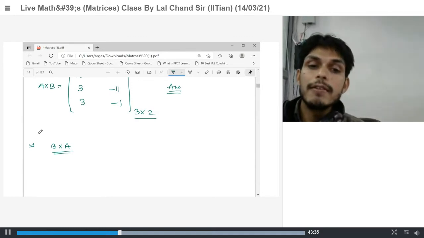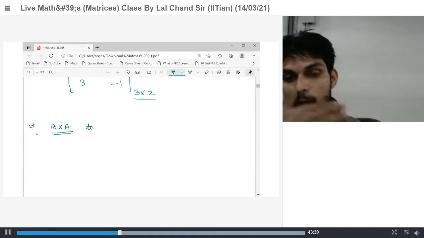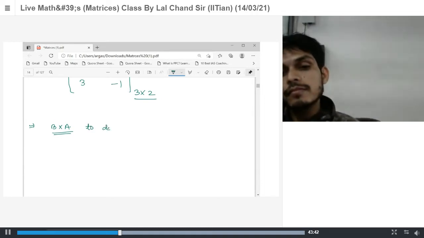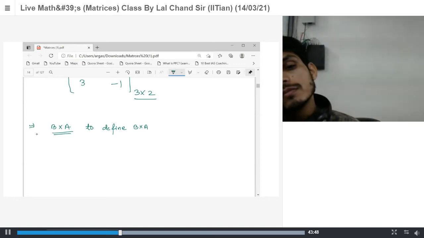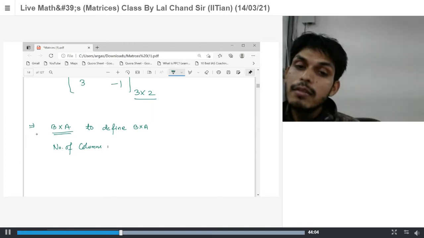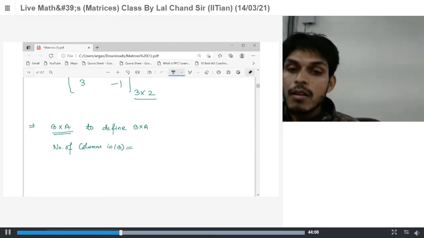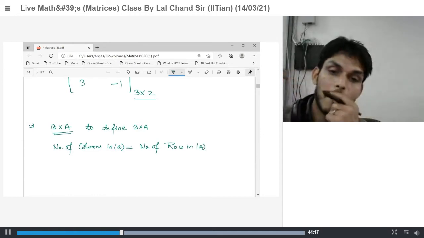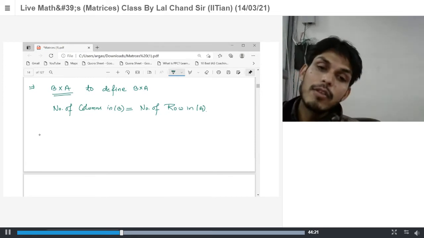Okay, to define B cross A, number of columns in B should equal number of rows in A. Okay, so what are the number of columns in matrix B?